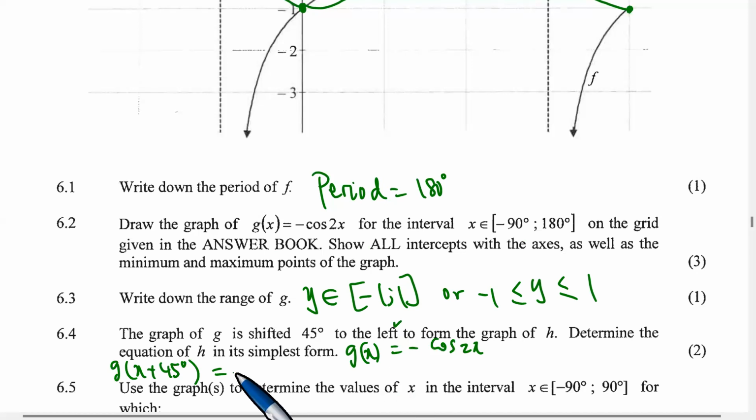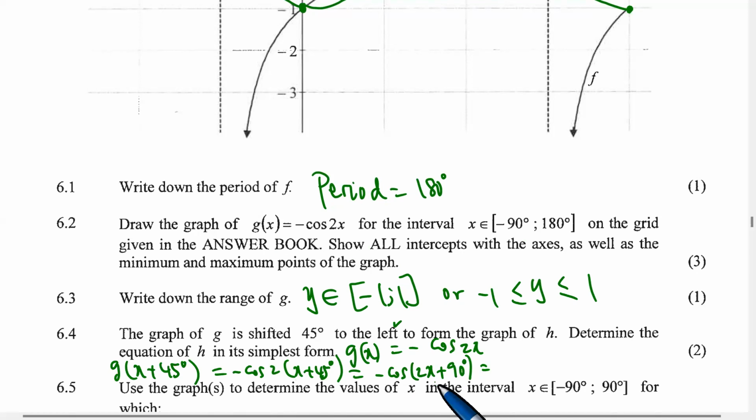So 2 into x becomes x plus 45 degrees, which is minus cosine of 2x plus 90 degrees.